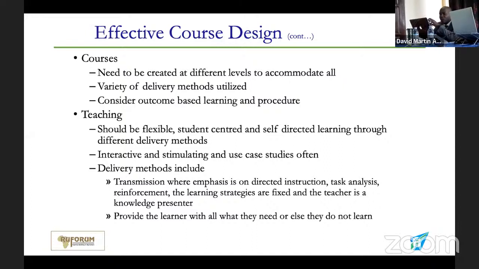Now you see this transmission relates so well with the surface learning approach. The teacher is more presenting to those learners. This is what you need, getting them off the ground.